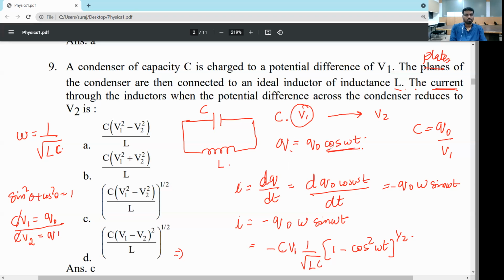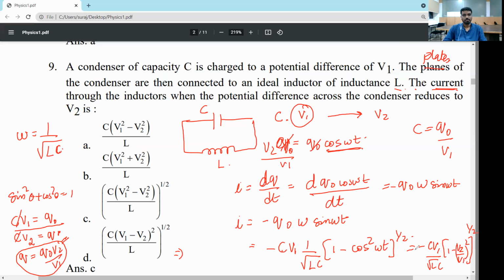See how to find Q by Q naught. Q is given here, with this I can find Q. Q is equal to Q naught V2 by V1. Q naught gets cancelled, so cos omega t is V2 by V1. So the current becomes minus C V1 by root over LC, times 1 minus V2 by V1 whole square, power 1 by 2.